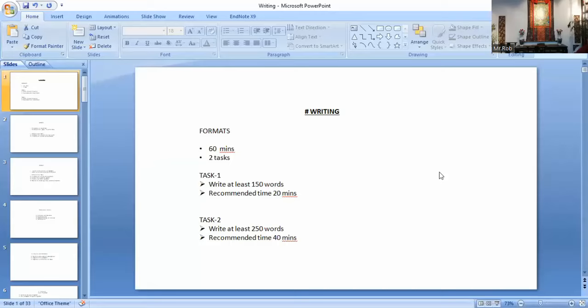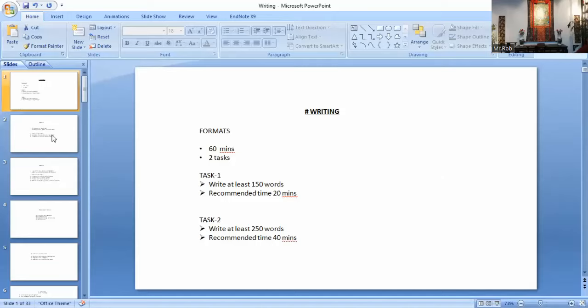And recommended time for completing task one is 20 minutes. On the other hand, in task two, you have to write about 250 words, and recommended time to finish this is 40 minutes.